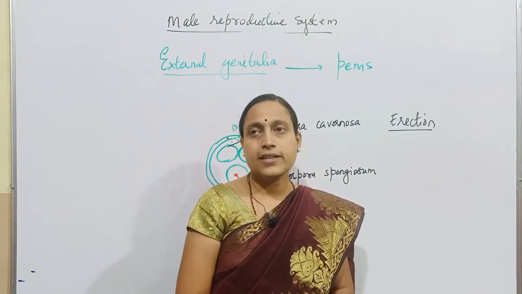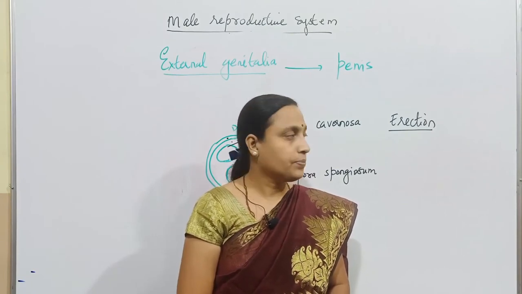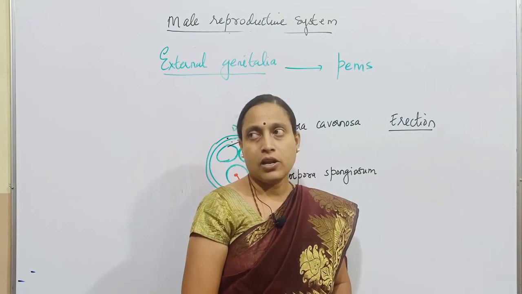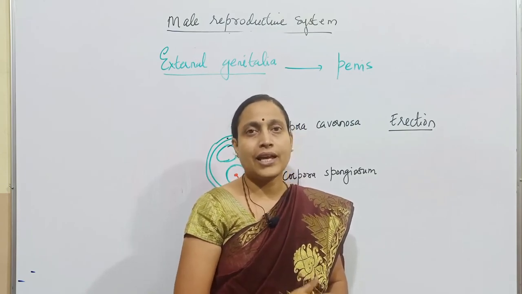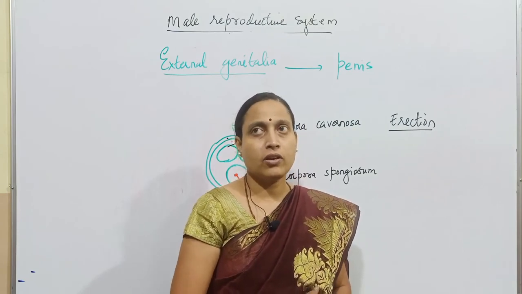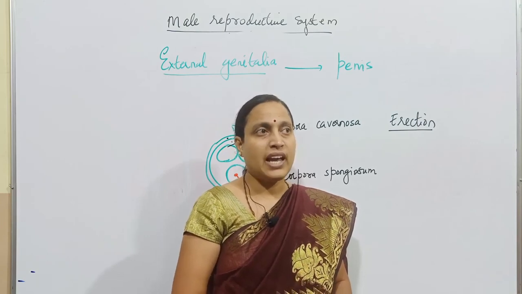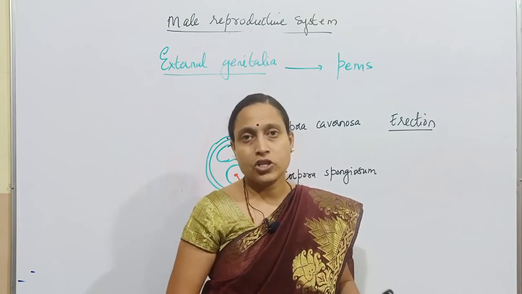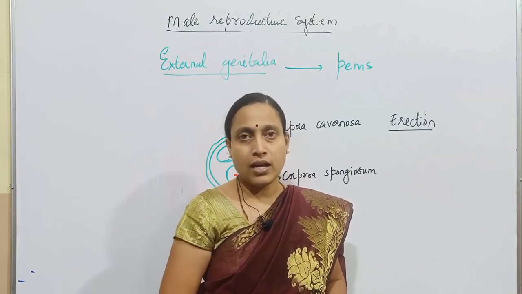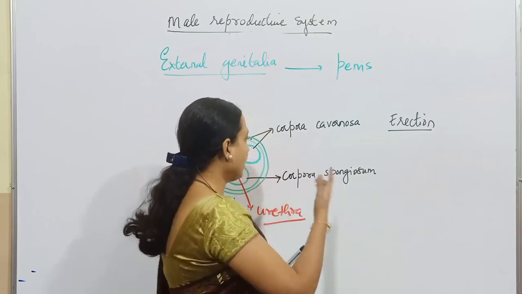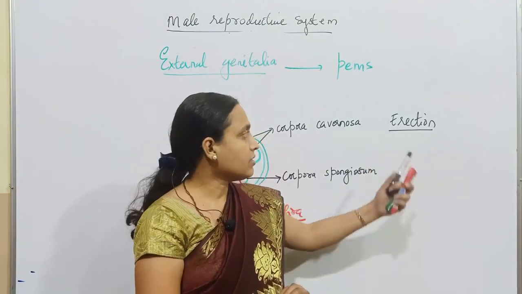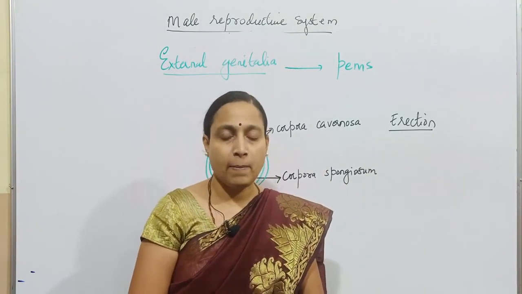Erection is a change in the length of the penis. It occurs not because of contraction and relaxation of muscles, but because of blood flow in these erectile tissues.